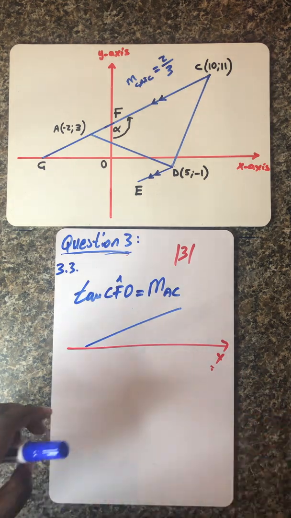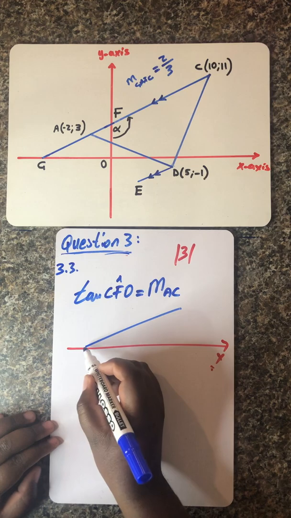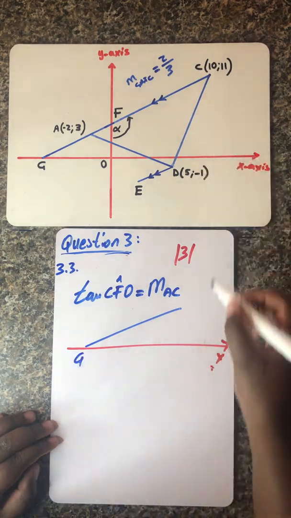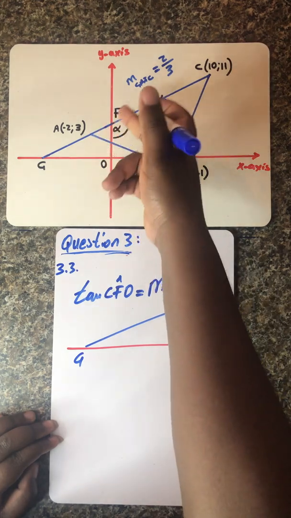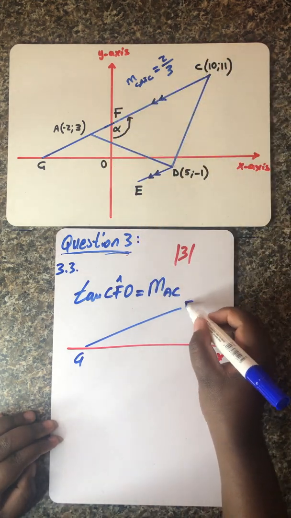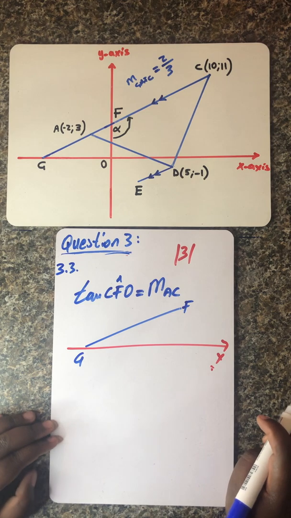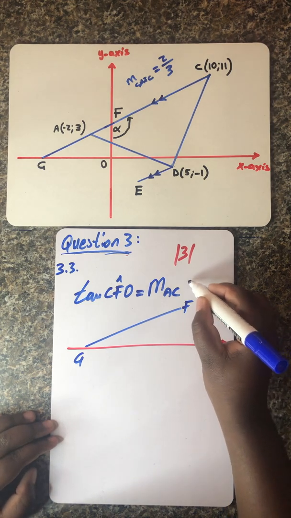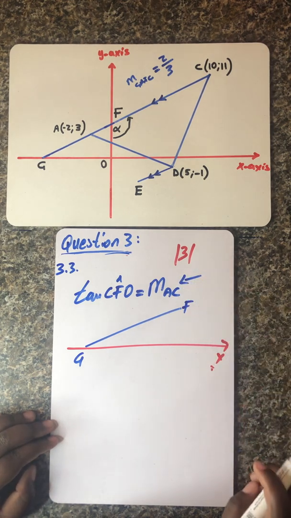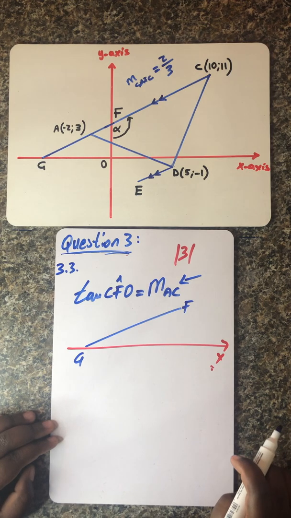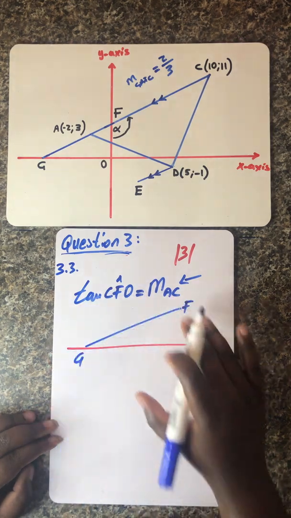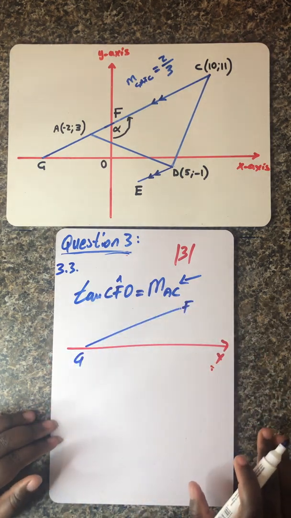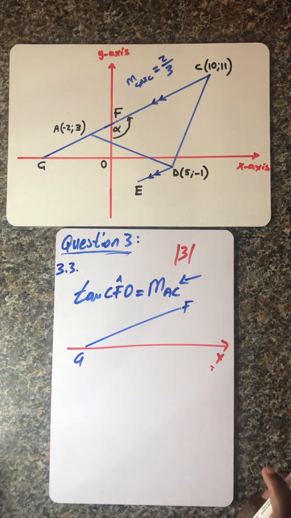So this is that point G, and this is that point, what is it? I can use F. Let me just use F there. I just want you to understand how I formulated that. So if need be, based on your understanding of what I'm about to explain, I'll rewrite that formula.